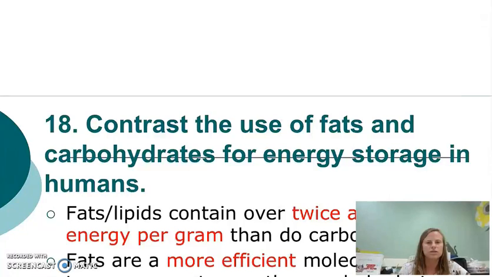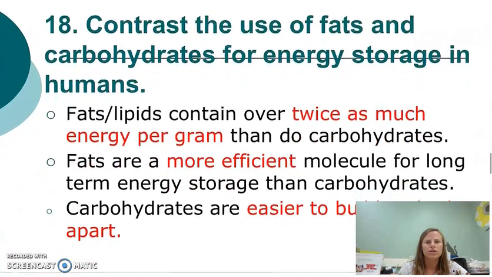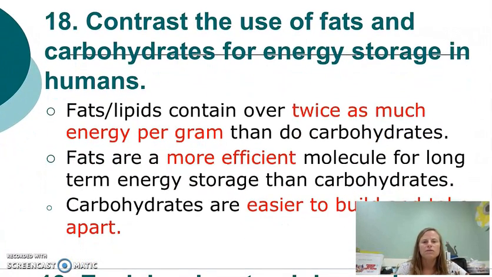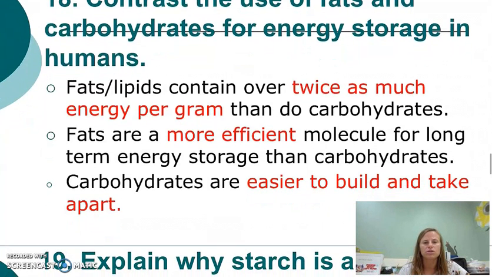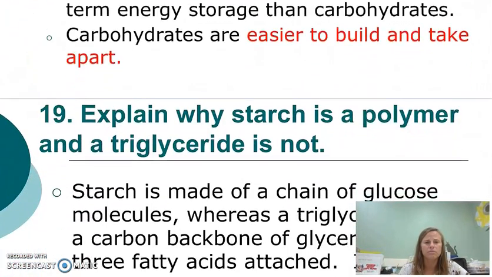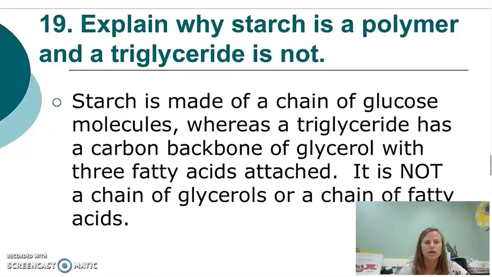So here's what I was addressing earlier, the use of fats and carbs for energy storage. Fats contain twice as much energy per gram than carbs. Therefore, fats are a more efficient molecule for long-term energy storage, but carbs are easier to build and take apart. I believe we discussed this earlier as well.